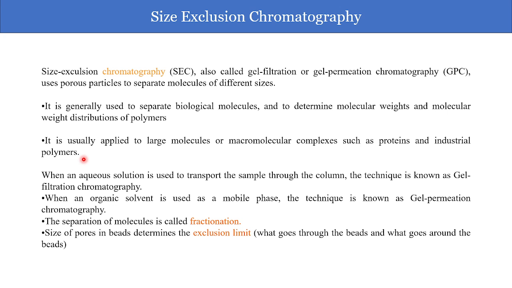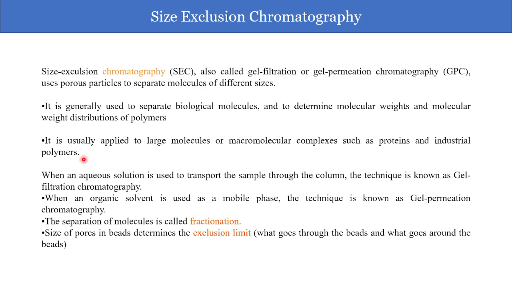Okay, so the first one is a very interesting technique, size exclusion chromatography, also known as gel filtration or gel permeation chromatography. We use size exclusion chromatography to separate biological molecules and determine the molecular weights and the molecular weight distribution of the higher molecular structures or polymers.